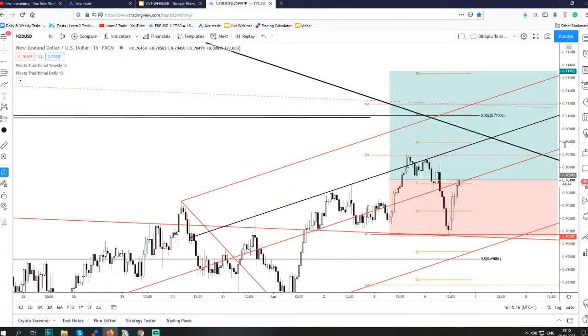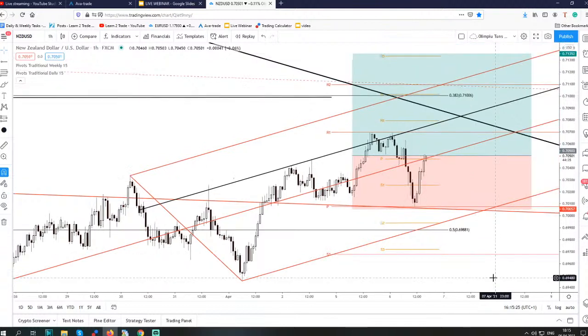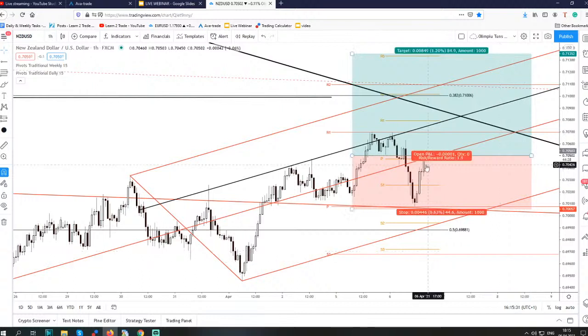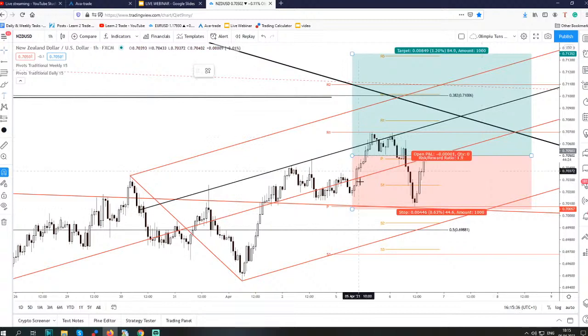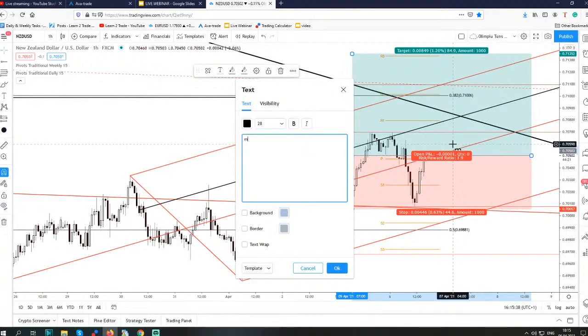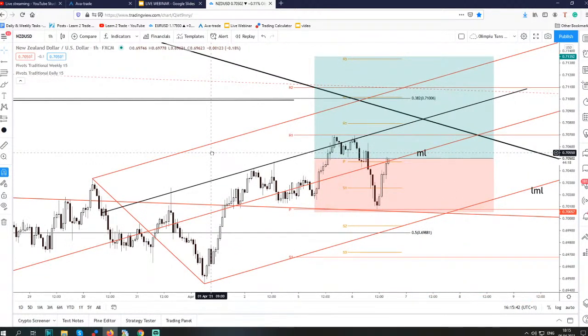Okay, so the price is back at our entry level, 0.7050, and if it will close and stabilize above this medium line, then it could continue to increase in the short term, and maybe it will approach again the R1, the weekly resistance.